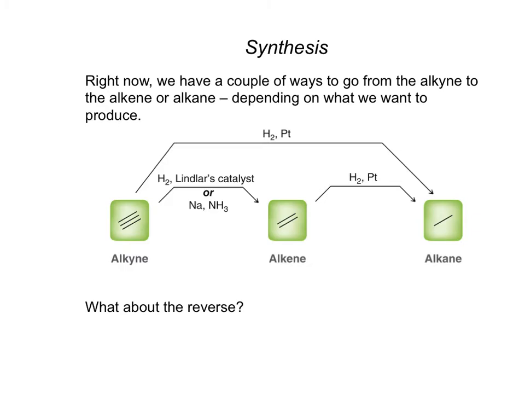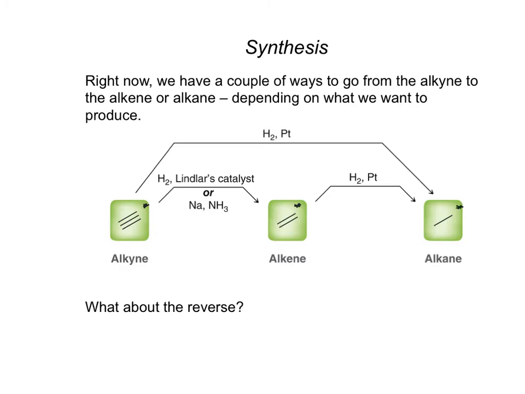So in this chapter with respect to alkynes, we've learned a couple of new reactions that we can now add to that toolkit. And specifically, one thing that we can talk about is the means by which we can move between an alkyne to an alkene to an alkane, right?